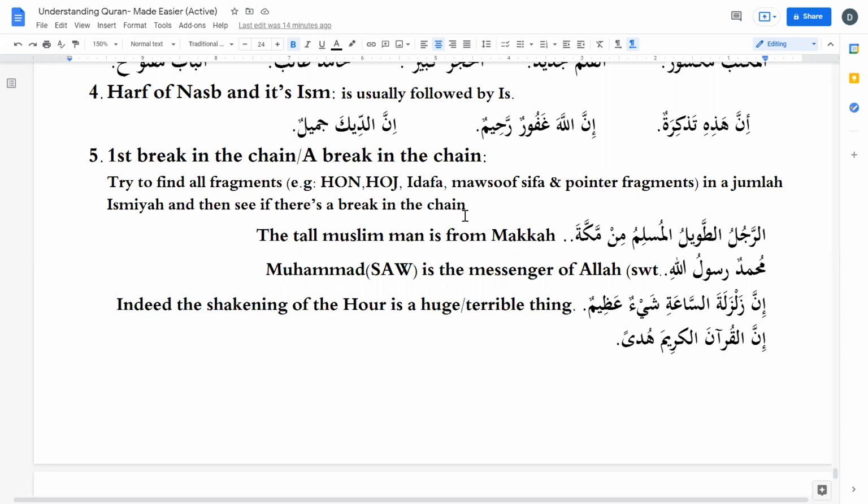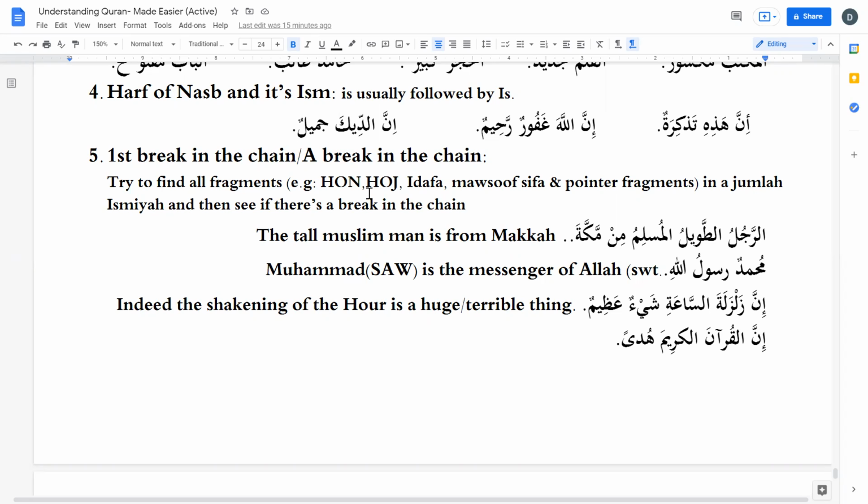If it's an idafa fragment, then mudaf and mudaf ilayh go together. If mawsuf sifa is there, then mawsuf and sifa are chained together. If harf of jar and jar majroor fragment is there, then both are together.